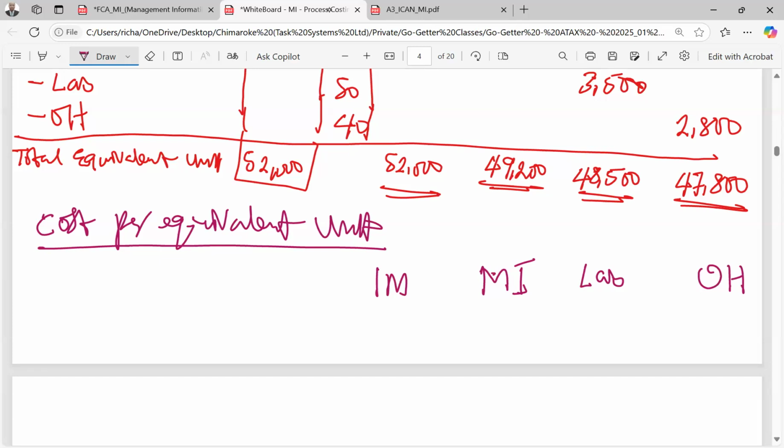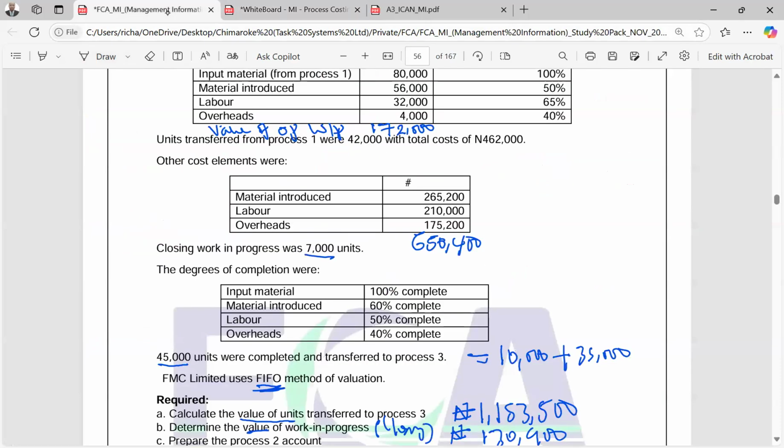But in the average method, we also bring in the opening work in progress. Remember, we ignore the opening work in progress in the units, but in the cost, we recognize it. So we'll say opening WIP costs. We have them here.